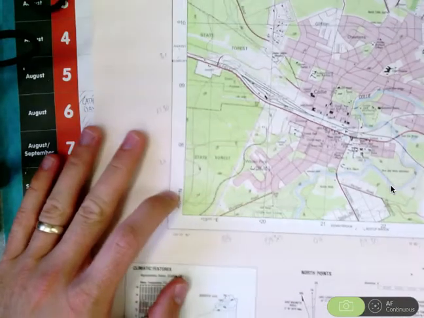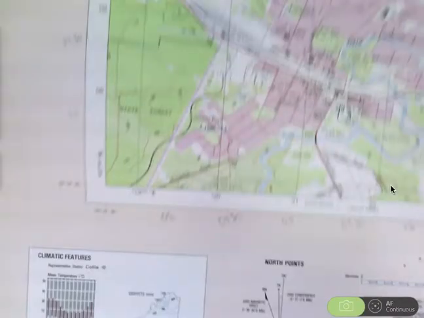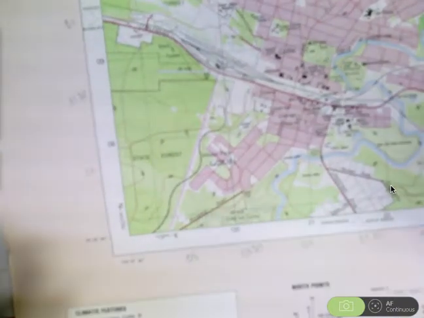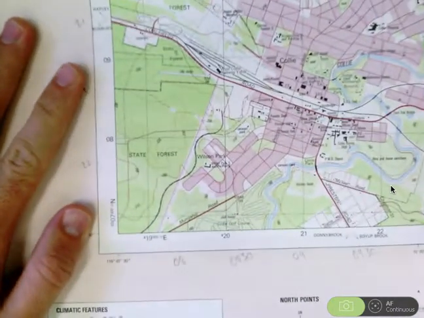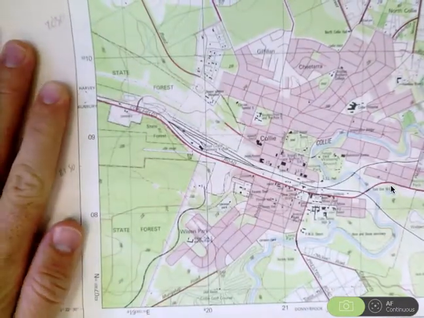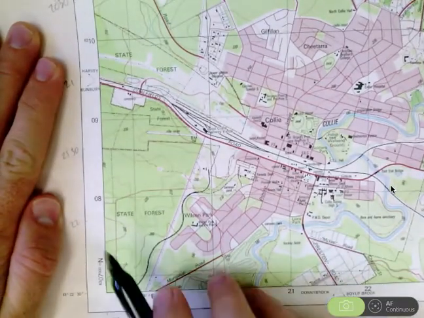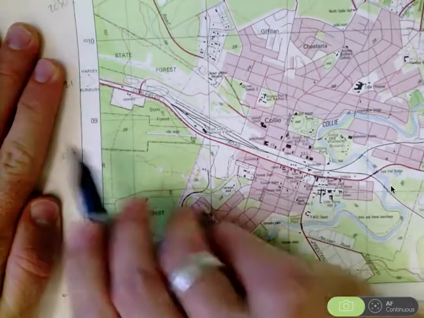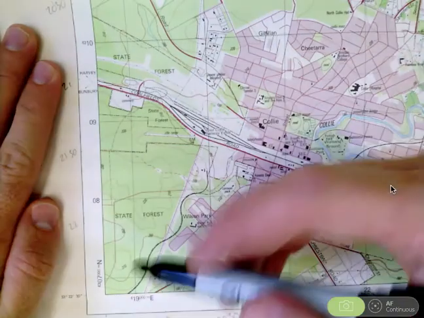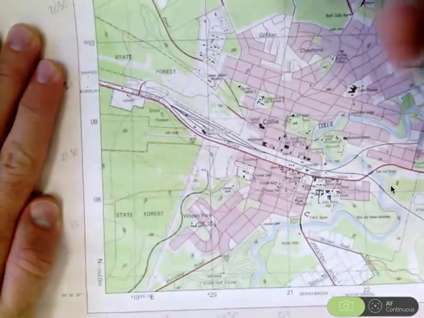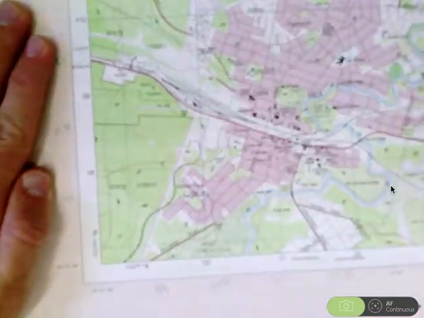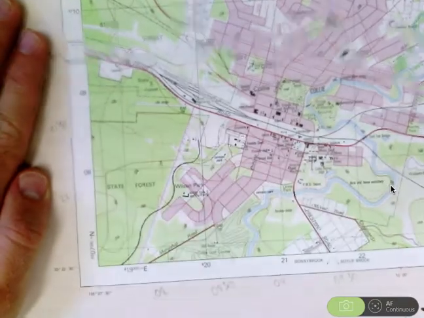Okay, grid and area references. Now as you can see, the map is split up with these lines. Okay, 08, 09, 10, 19, 20, 21, 22. Okay, these are grid lines.